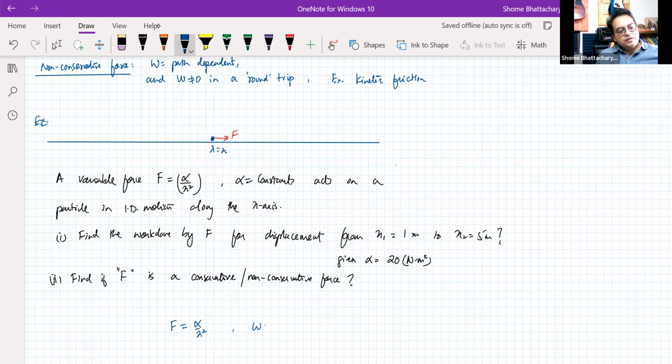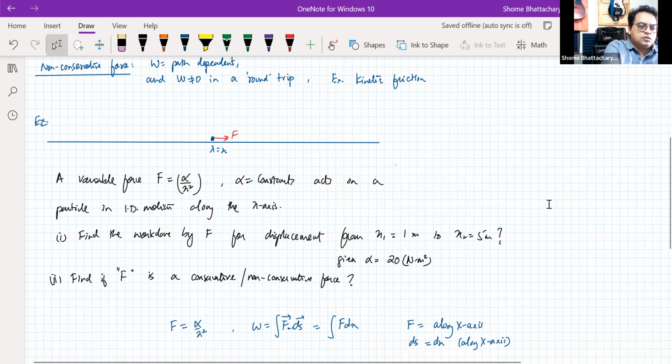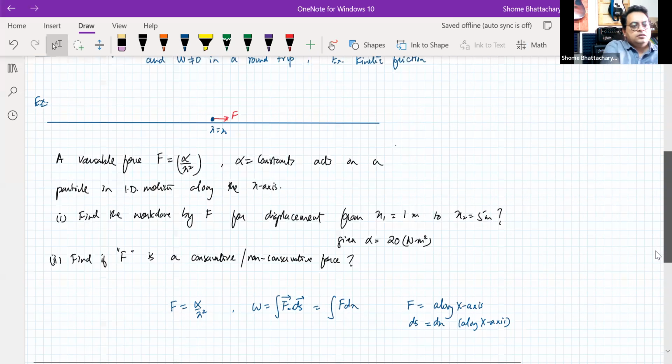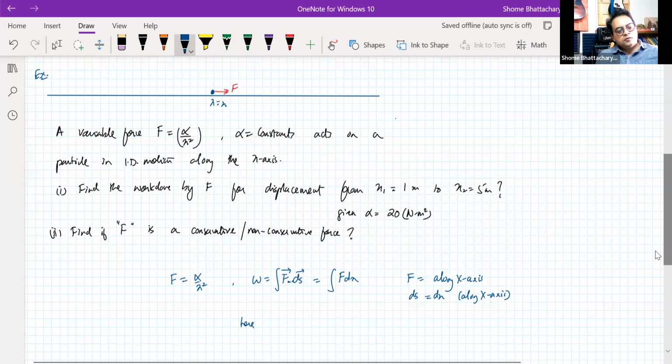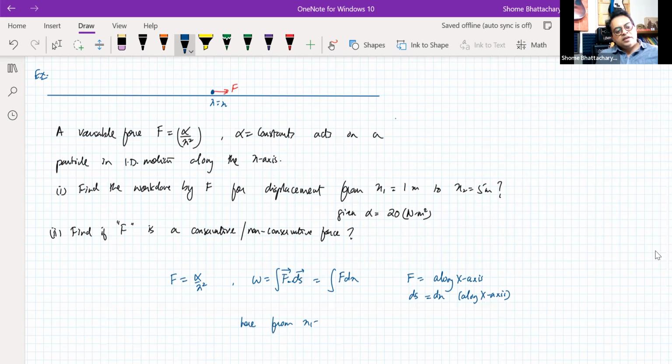So work done by F, which is integration F dot ds in general, here will become F into dx, because the force is along the x-axis only, and ds is also along the x-axis. So in this particular case, the work done is from x1 equal to 1 meter to x2 equal to 5 meters.